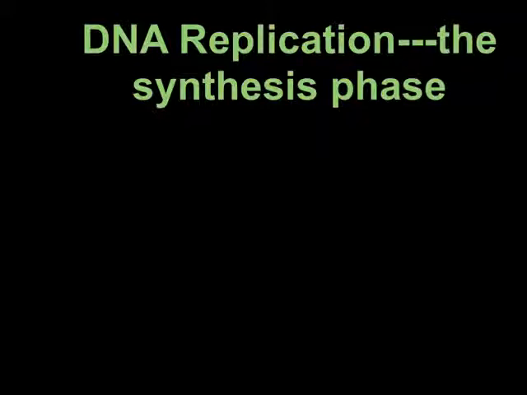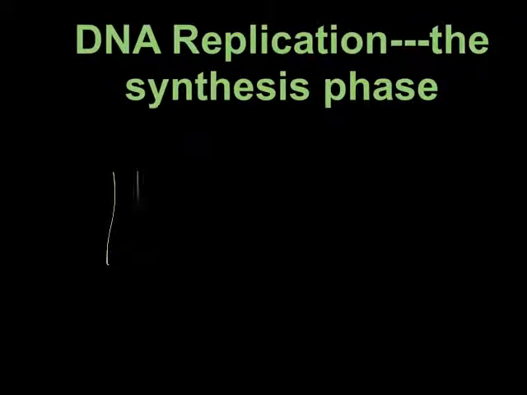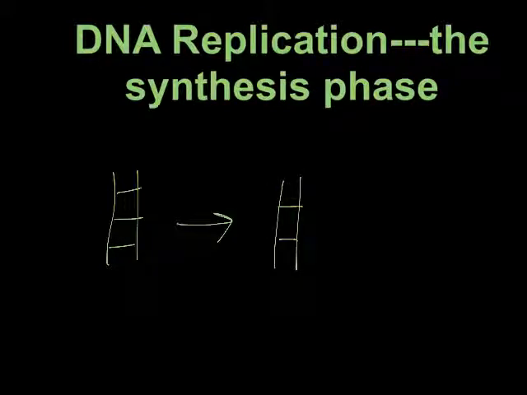We want both cells to have the same set of instructions. DNA holds those instructions. So what we're going to end up doing is taking one DNA molecule and creating two identical copies of that DNA molecule.